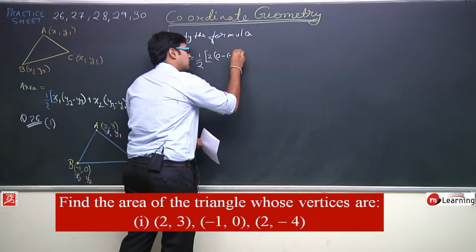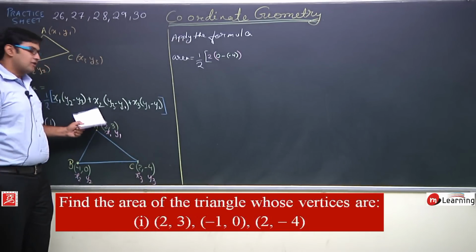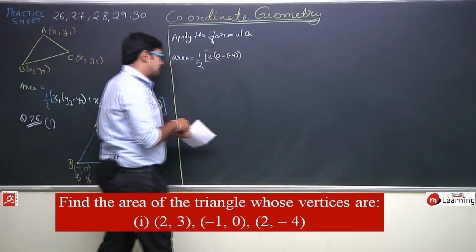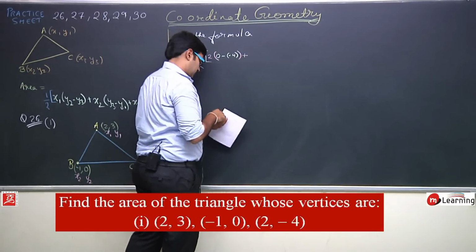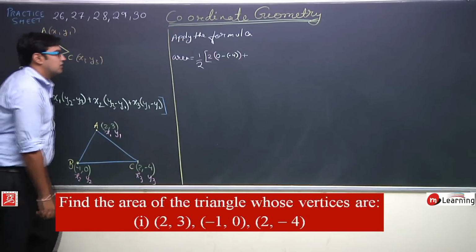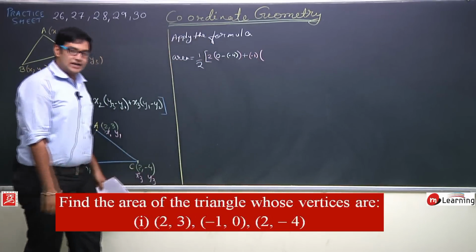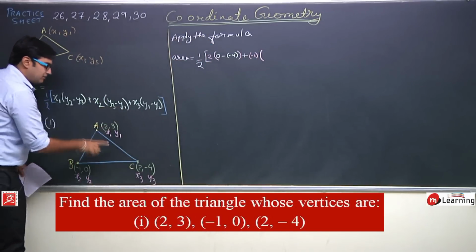This will be the y2 minus y3 term. After that I have x2, so plus x2. Then what is x2? x2 is minus 1. So I am going to write here minus 1, and then inside the bracket it will be y3 minus y1. What is y3?